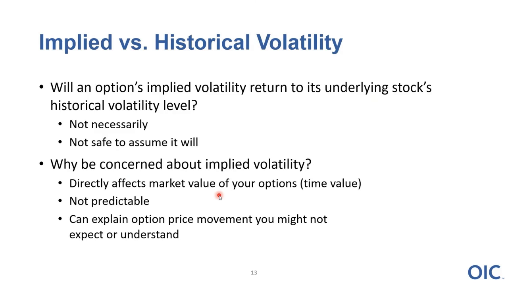That would leave you in a losing position just because the dynamics of supply and demand have changed. Now, this price movement and the forces that I'm describing, the dynamic forces of supply and demand, are explained and highlighted through the mathematical computation of implied volatility.